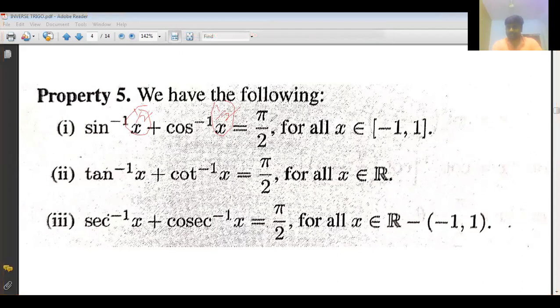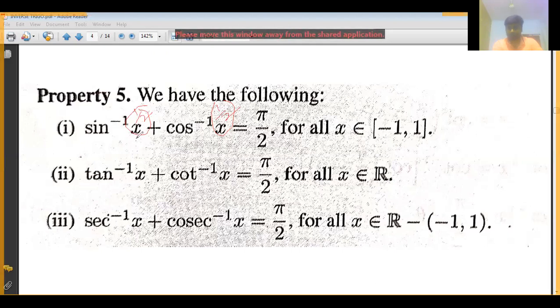Correct? Okay, let me take 1 by root 2, suppose. Now tell me, what is the value of sine inverse of 1 by root 2? 45. And here also if you take 1 by root 2, what is the value of cos inverse of 1 by root 2? 45. 45 plus 45? 90.